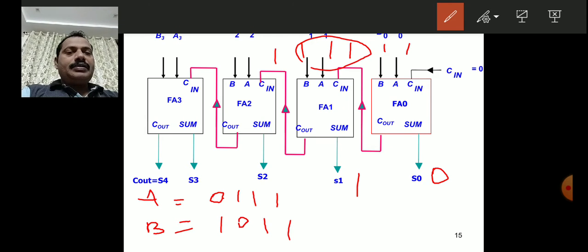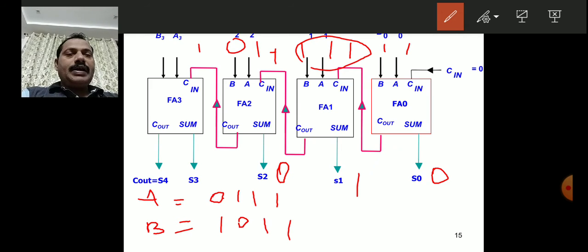And the next, A2 B2, are 1 0. So B is 0, A is 1. So 0 plus 1 plus 1 is 1 0.